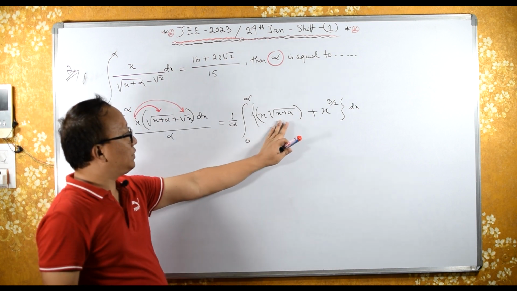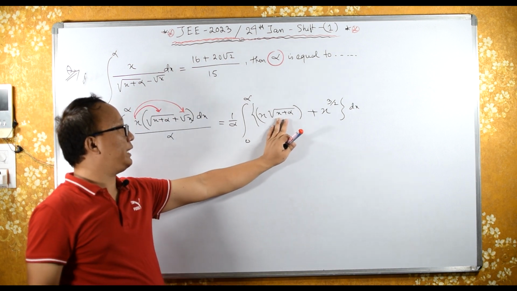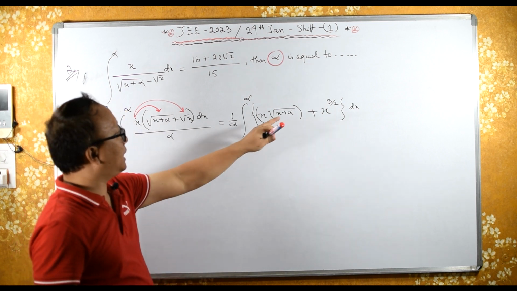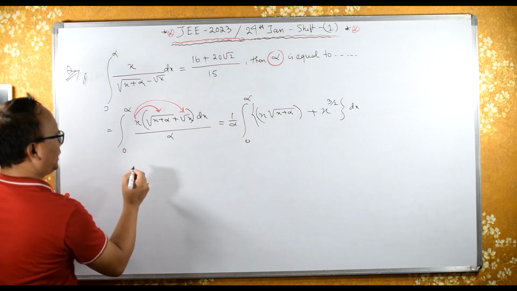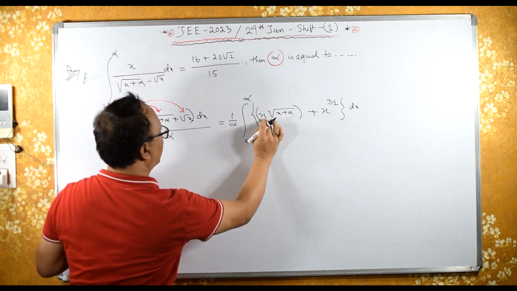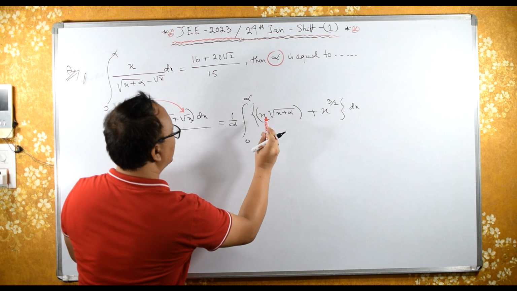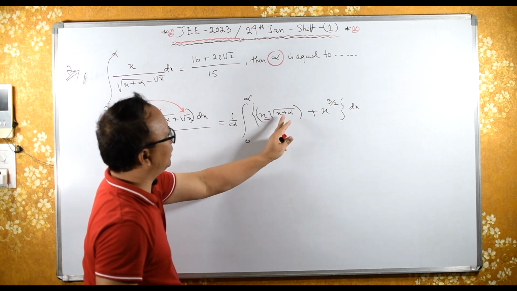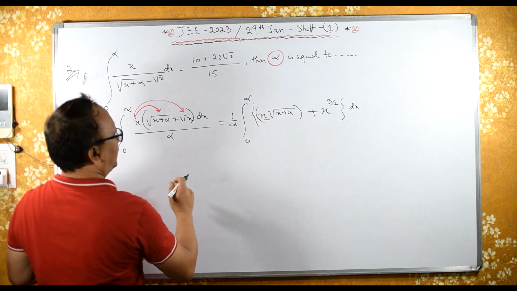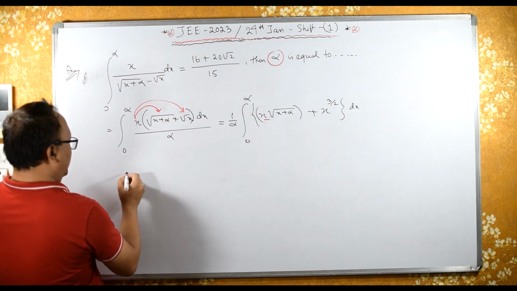Now here let's substitute, putting t square equals x plus alpha. Otherwise, I will use one trick over here: instead of x I can write x plus alpha minus alpha for this part. Otherwise you can substitute t square equals x plus alpha.